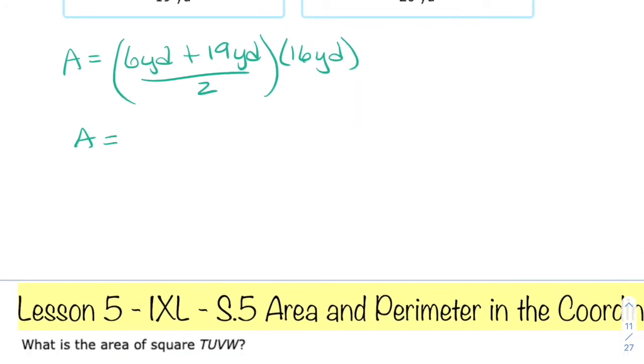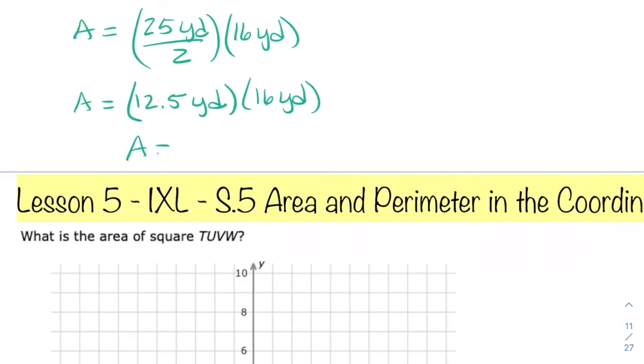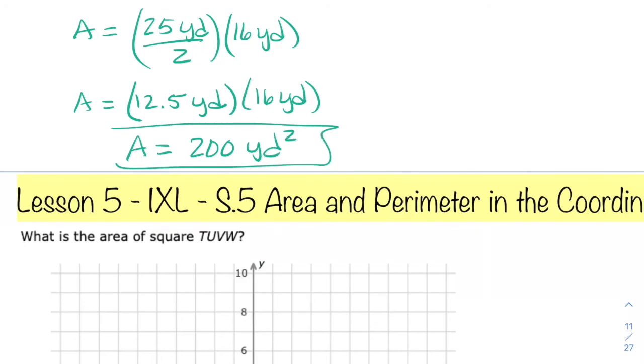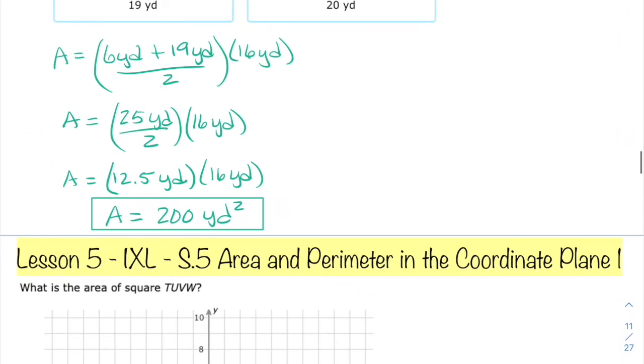So area equals 25 yards over 2 times 16 yards. Area equals 12.5 yards times 16 yards. So now that total amount is 200 yards squared. All right, that's the one in green.